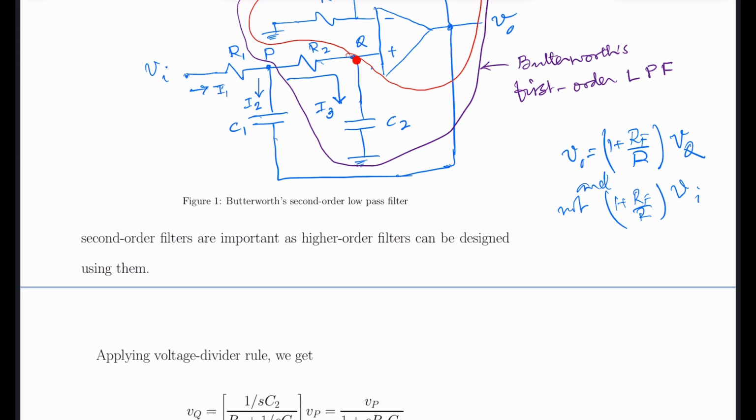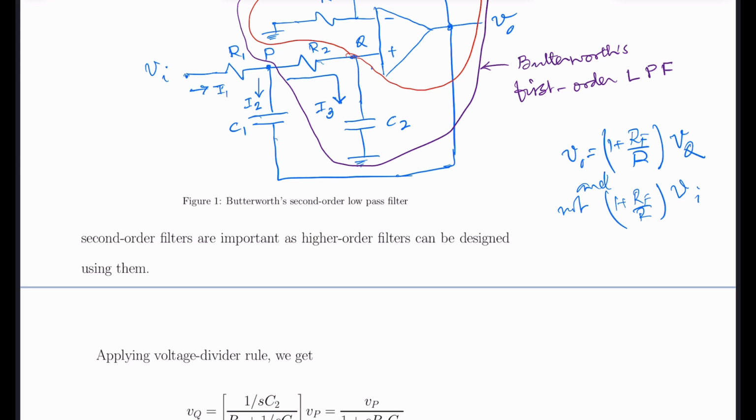At the junction point Q, this current I3 may be divided in two parts. One part will go into the non-inverting input of the op amp, the other will pass through C2. But because the input impedance of an op amp is theoretically infinite, practically no current will enter the non-inverting input of the op amp.